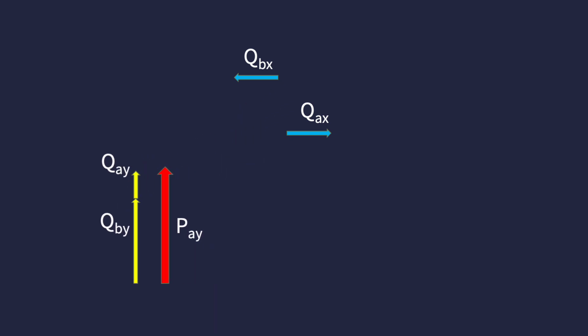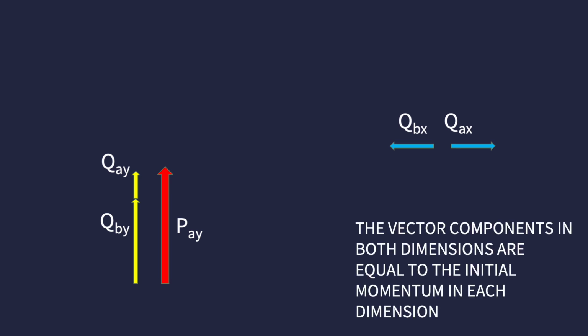Now what we do is we add them up. Add them up vertically, or in the y direction, add them up horizontally. The vector components in both dimensions are equal, and it demonstrates again that we have conservation of momentum.